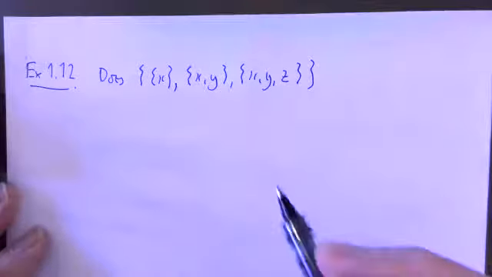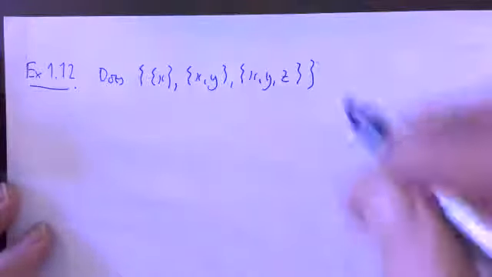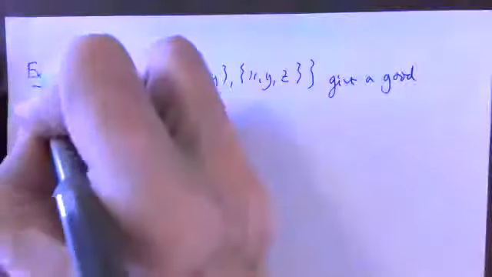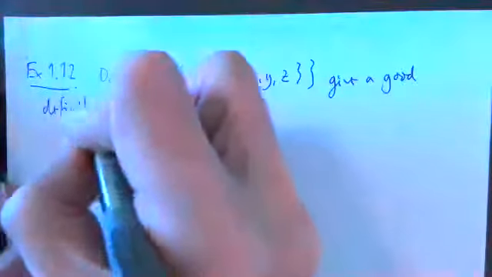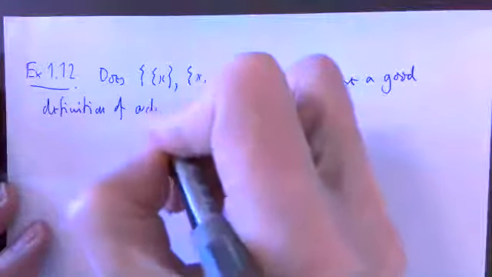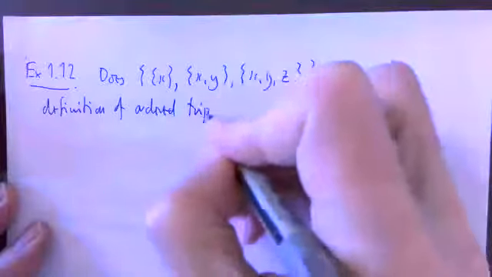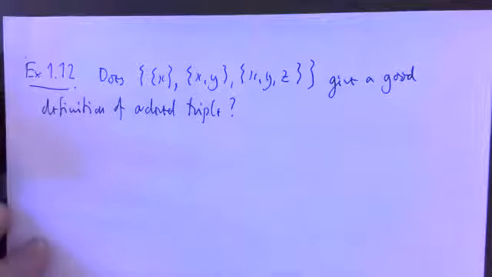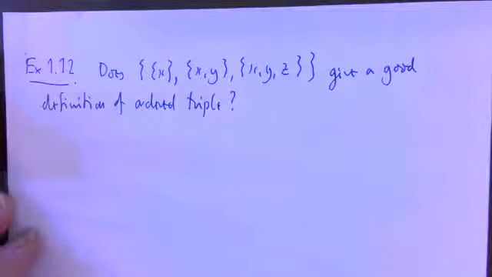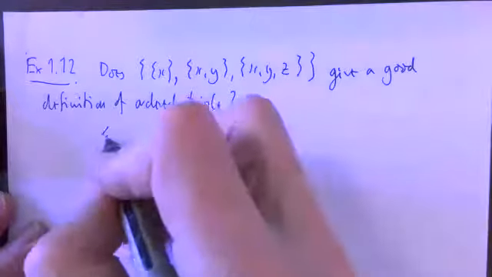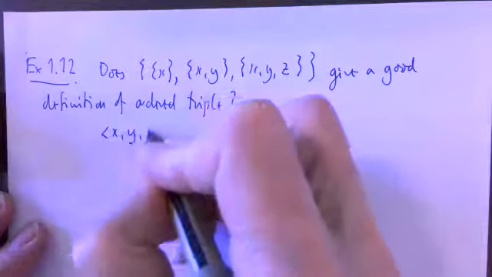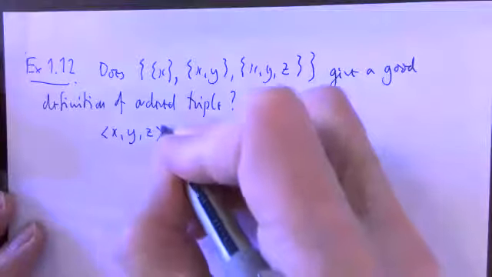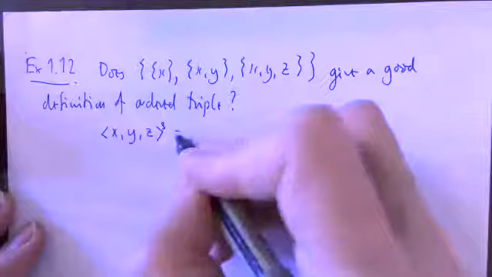One might think perhaps this gives a good definition of ordered triple. Well, we might want to say, okay, can I define ordered triple, let's say ordered triples like this, using this?